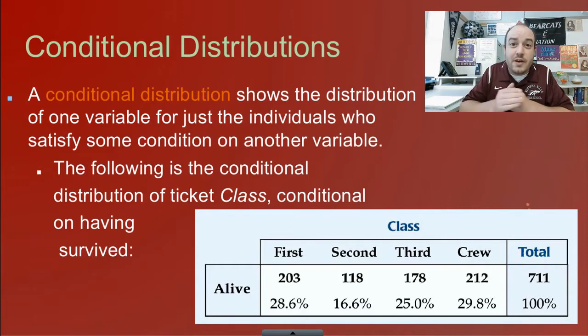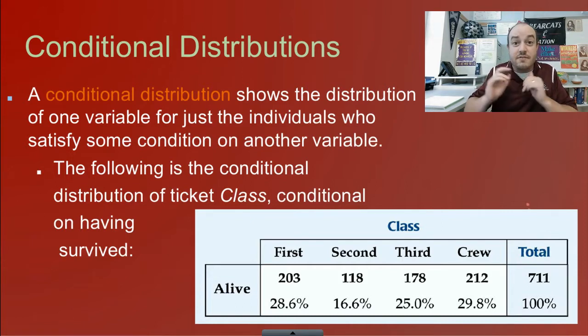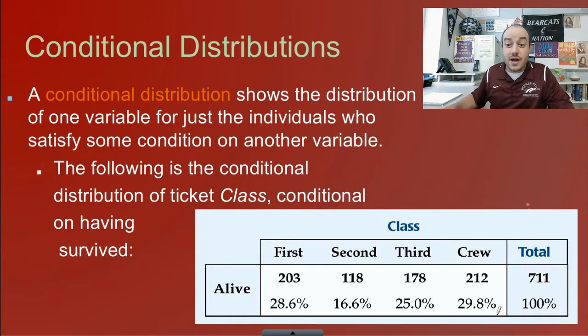So when I look at the grand total of people we are looking at right now, we are looking at the total amount of people that were alive at the end of this. So we're going to break down into what percent of the alive individuals were first class, second class, third class, and crew. Across the bottom, you'll notice that there are percents for each one of these columns.